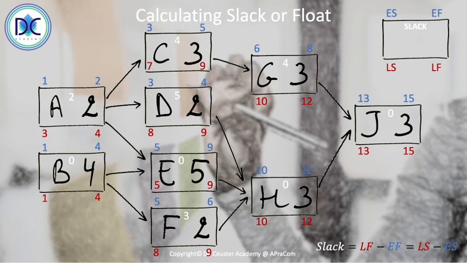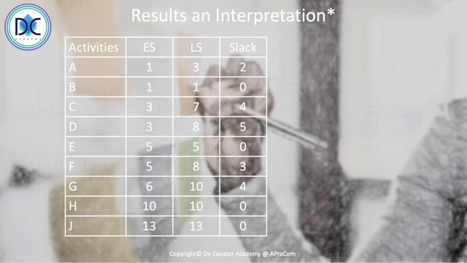So these are the results, and we have to look at how to interpret them. Whichever calculation method you use, both will provide the same amount of slack. Here we just have the late start minus the early start.